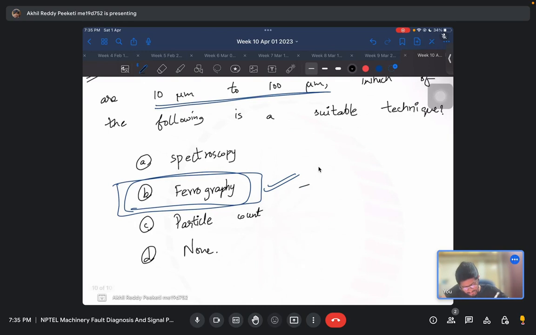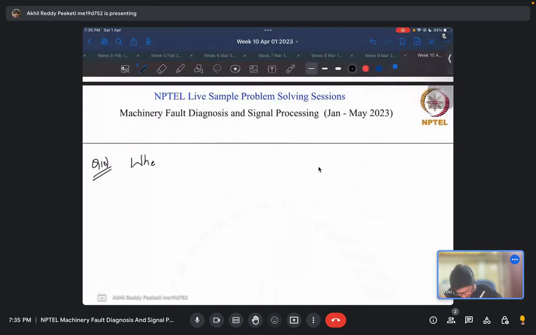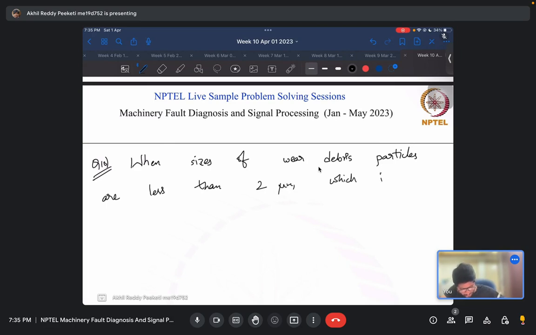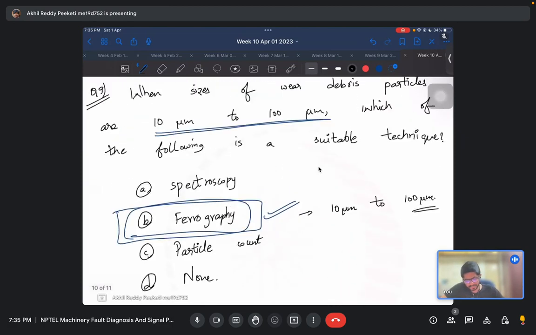So if it is between 10 to 100, it's ferrography.